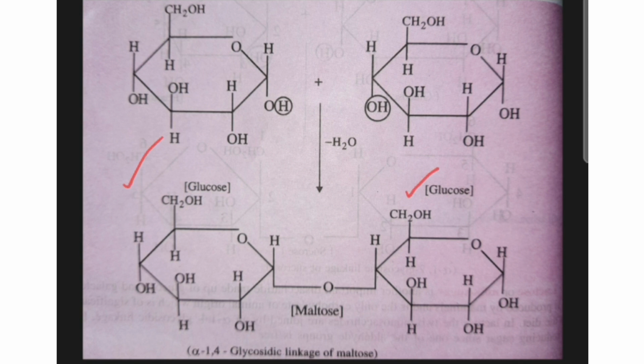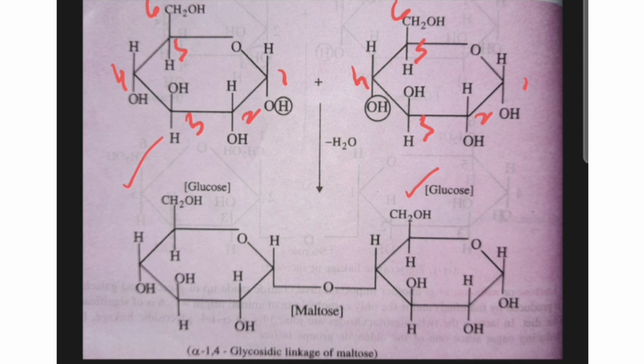For the first glucose, this is the first carbon, this is the second carbon, this is third, this is fourth, this is fifth, and this one is sixth. For the right side also, this is first, second, third, fourth, fifth, and this one sixth. So both glucose are 6-membered rings and they are joining.